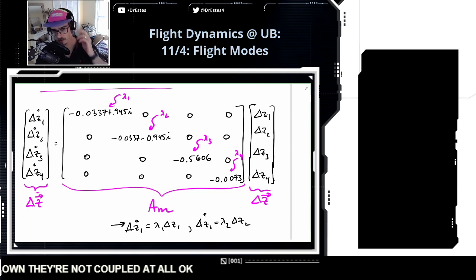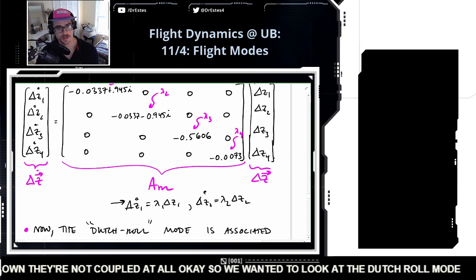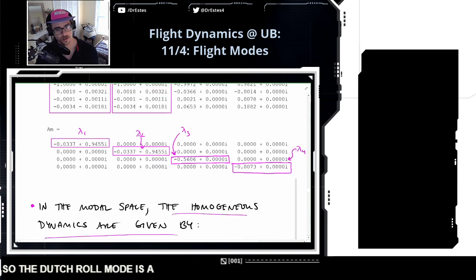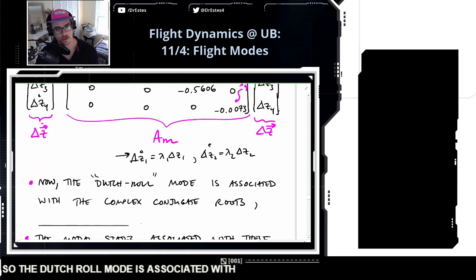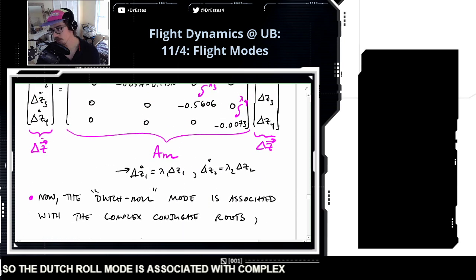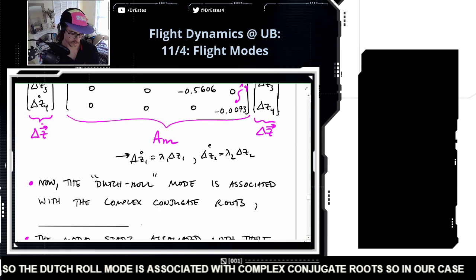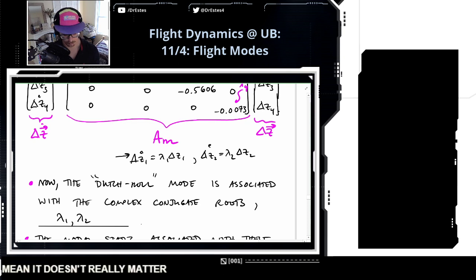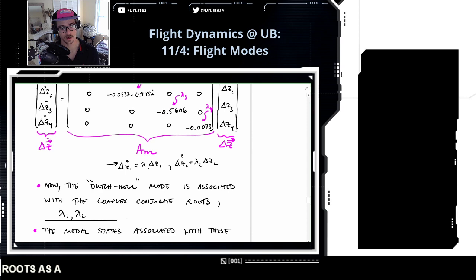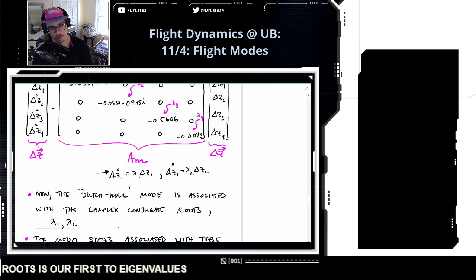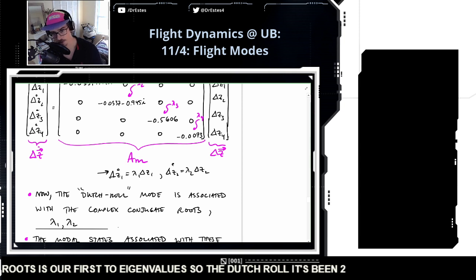Okay, so we wanted to look at the Dutch roll mode. So the Dutch roll mode is associated with the complex conjugate roots. So in our case, it doesn't really matter the order, but MATLAB gave those complex conjugate roots as our first 2 eigenvalues. So the Dutch roll has been defined as the complex roots that come up.